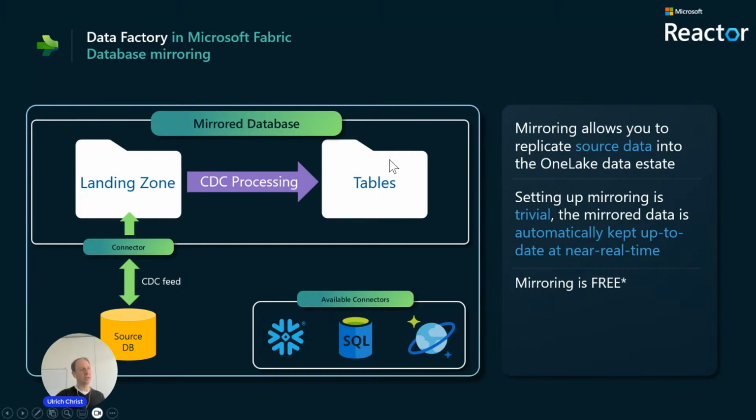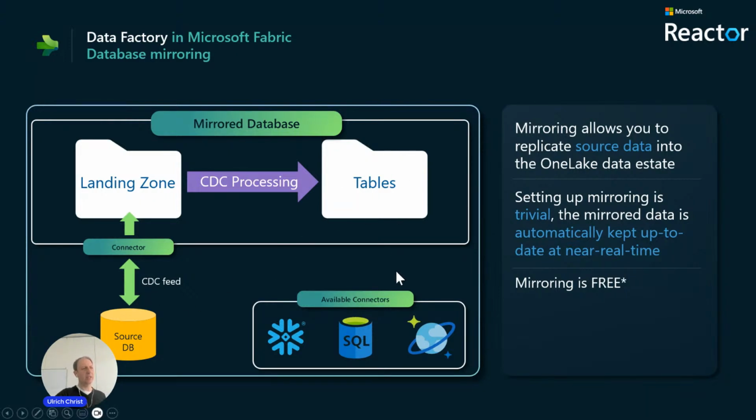So an insert will be inserted, an update will result in an update here, and a delete will result in a delete here, so that effectively, with a little bit of latency, because the data has to go from here to there and then has to be processed, the source database, whatever that is, and the target tables here will be in sync, right? We will see exactly the same data set in the same state in both of these objects, here in the source and here in the sync.